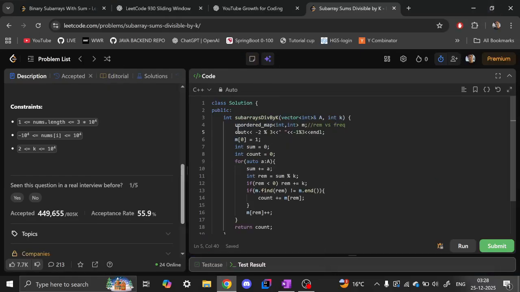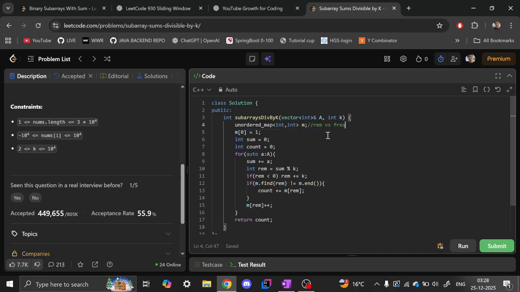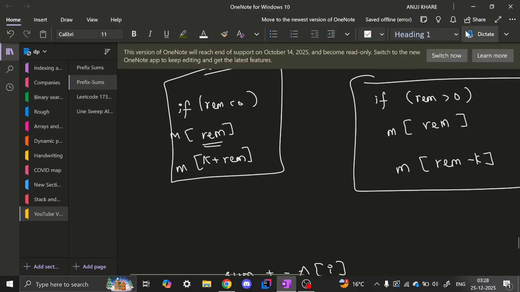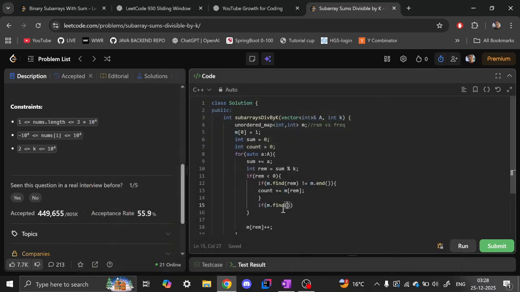Okay, so what were we doing? An ordered map. Now I am going to delete this line, and what I'm going to do is, if rem is negative, then we need to search. If m dot find for negative rems, what two values do we want? m of rem and m of k plus rem.